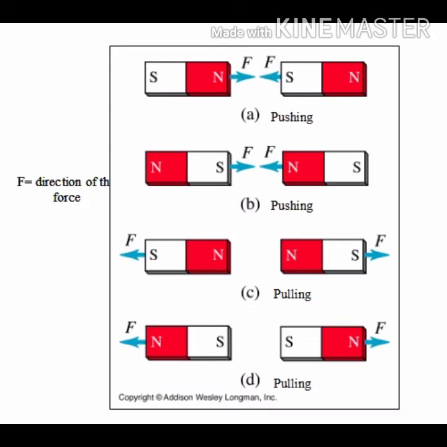When the magnet attracts the piece of iron, there is a pull. So attraction is a pull. And what about the repulsion between similar poles of two magnets? There is an equal amount of push by each magnet. There is also the force of attraction, a pull by each other.